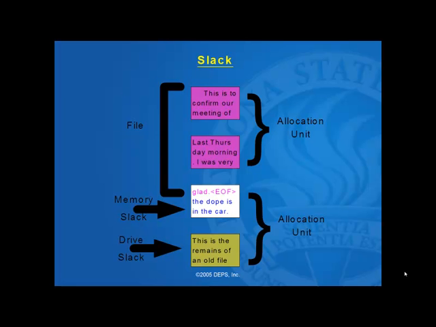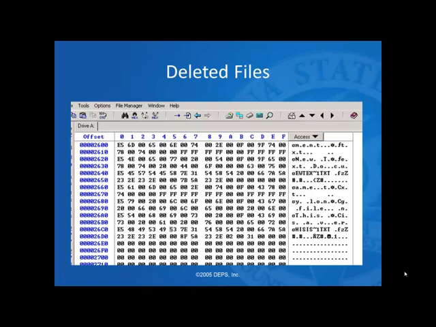Drive Slack are the remains of a file that was there previous to the storage of the new file, and is just not overwritten data. So understanding how the file system actually operates allows you to not only find this data, but to interpret it and be able to explain it on the stand. Deleted files.